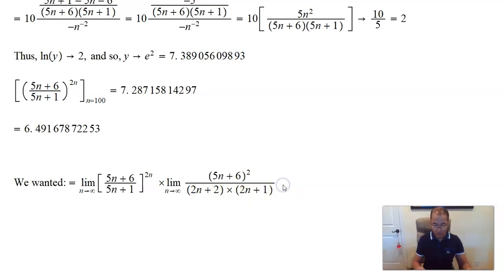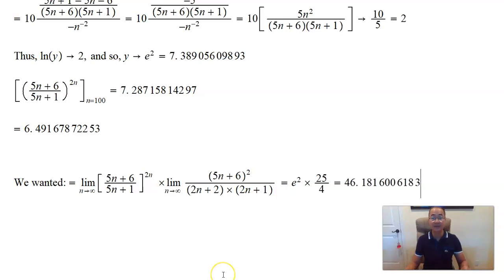Okay, so we did the hard part. The first factor is e squared. The second one is 25 over 4. Okay, I don't have a good feeling about this. Are you bigger than 1?